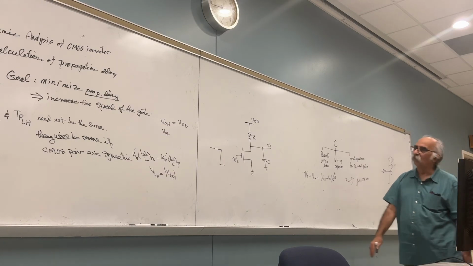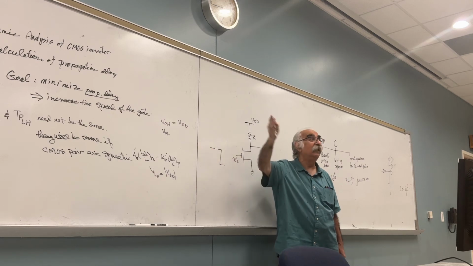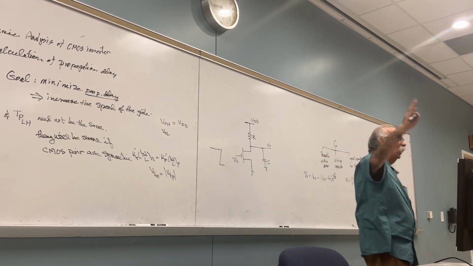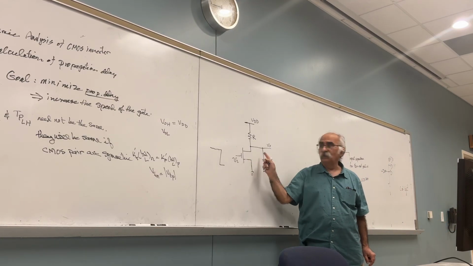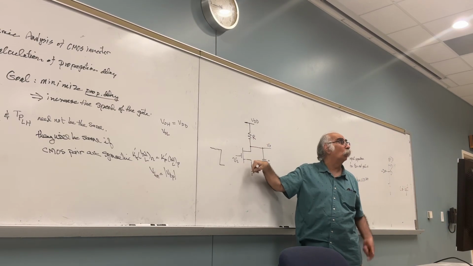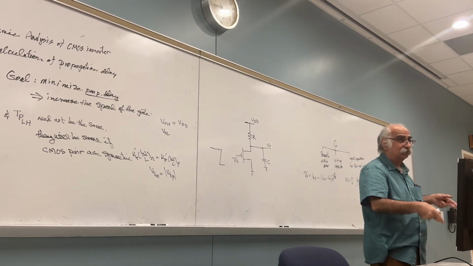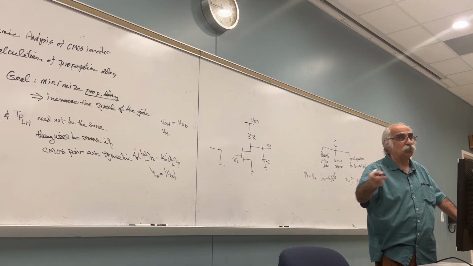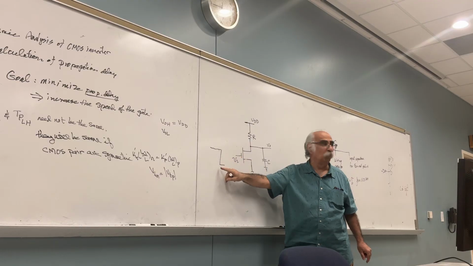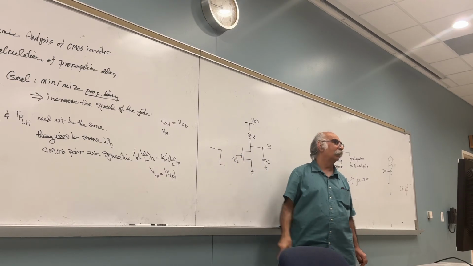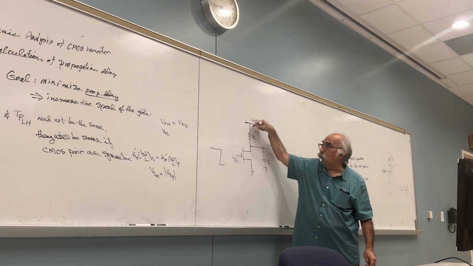Lost me here? One more time. What am I assuming? The input was high for a long period of time. The NMOS is on, the capacitor is discharging. It cannot reach zero, it reaches VOL. Suddenly, the input became low, the NMOS becomes off, and current goes this way.